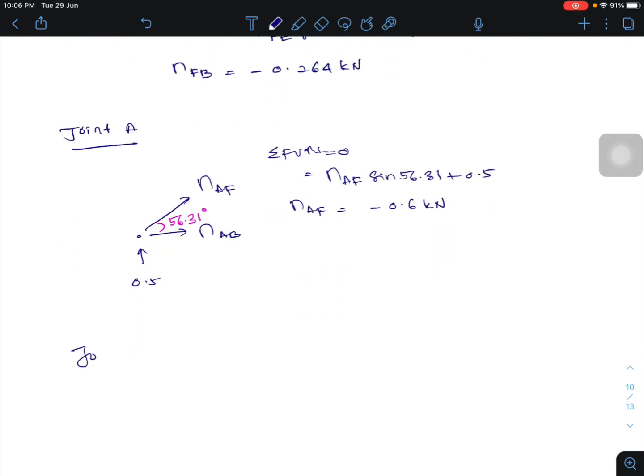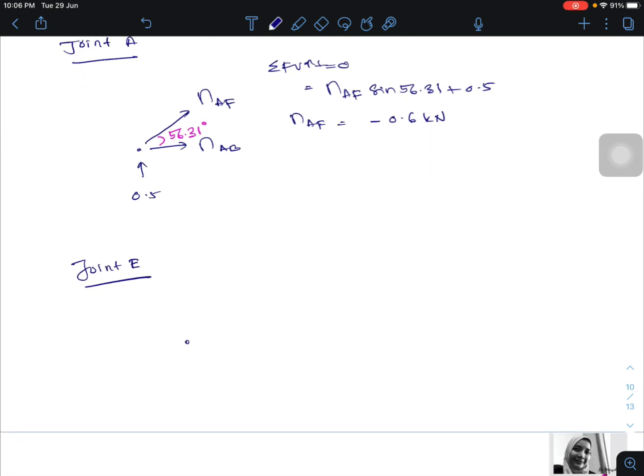Next we go to joint E. Okay, joint E. So this one is NED, this one is NEF. We have 1.0 here, and this one is NEB.